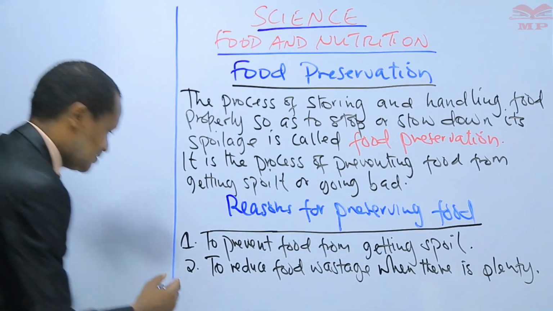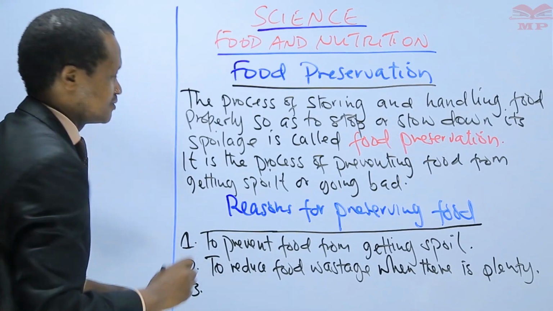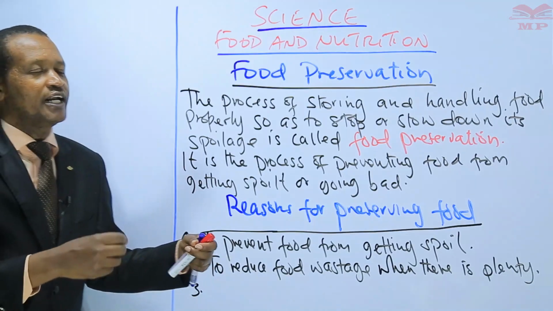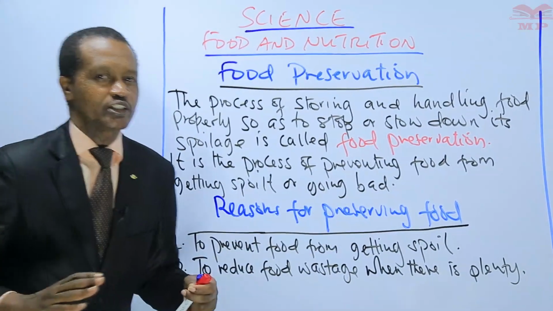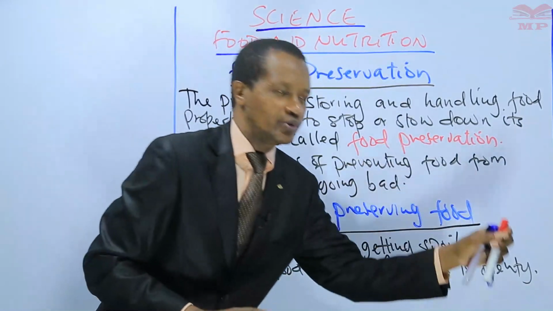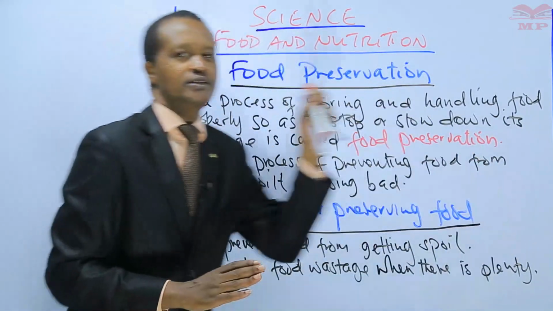All right? Number 3, the third reason, learners, is to allow food to be transported from one place to another without going bad.